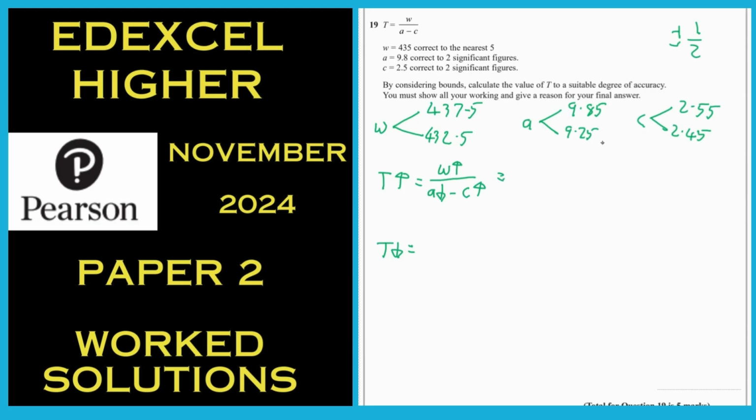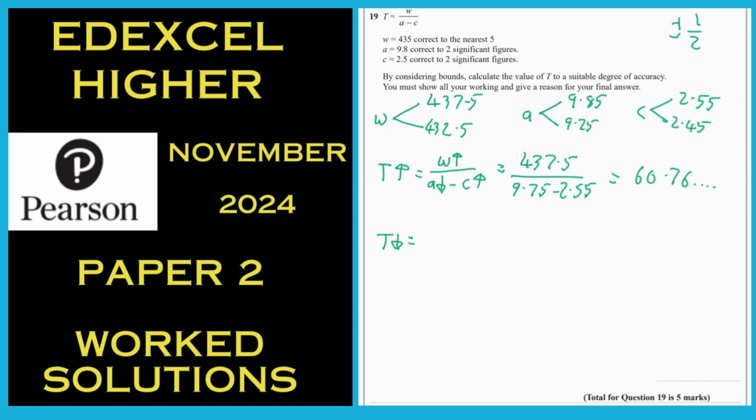And that's what you need to be typing in your calc. 437.5 all over 9.75 minus 2.55, giving you approximately 60.76, and so on.